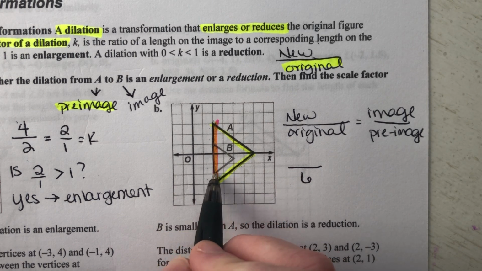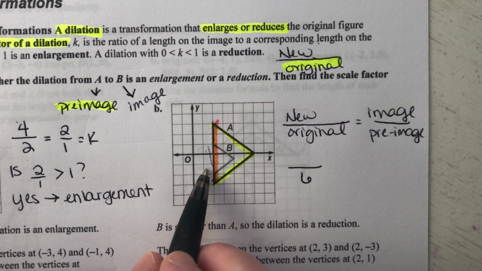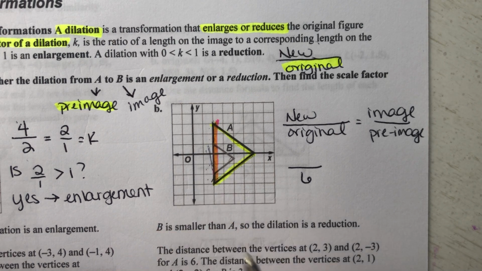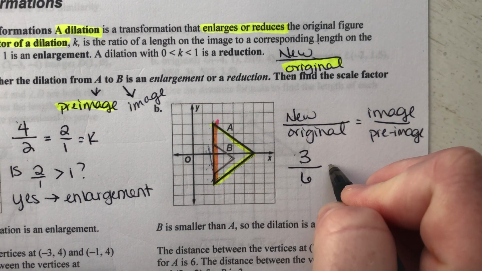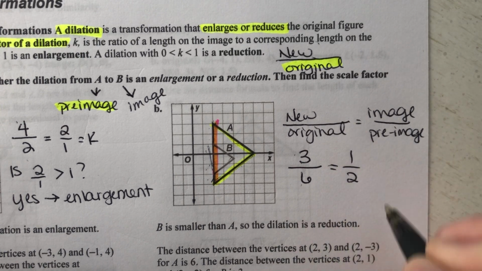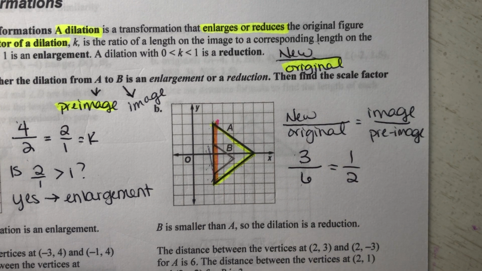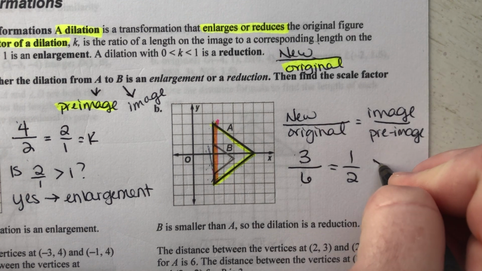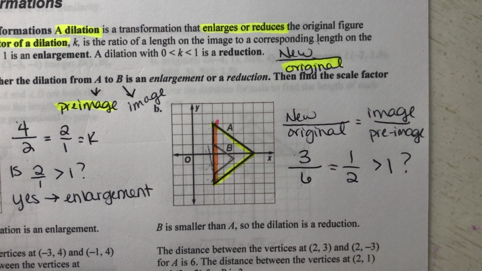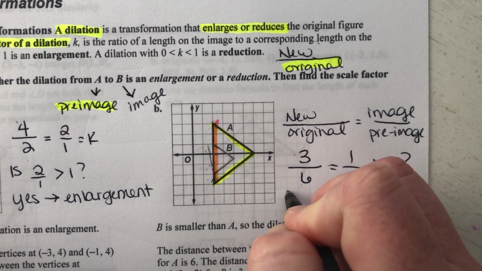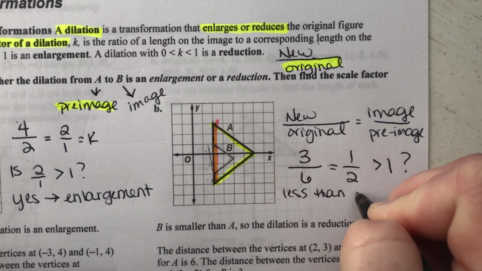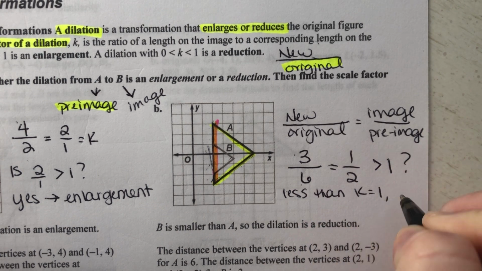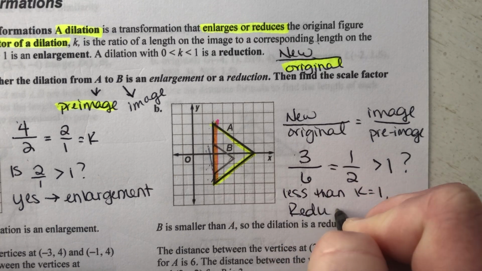And then the new triangle, this little guy, is 1, 2, 3 units, just this portion is 3 units. So that's new over original. If I simplify that, I can do it down to 1/2. Is 1/2 greater than 1? No, it's not. It's less than 1, so then this is a reduction. Less than 1, k equals 1/2. So this is a reduction.